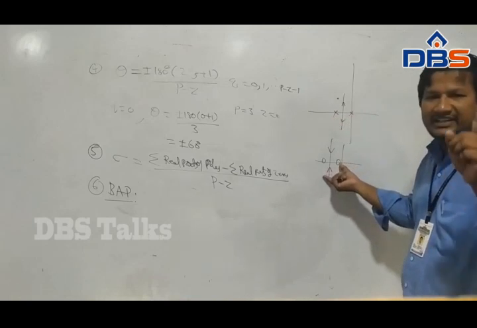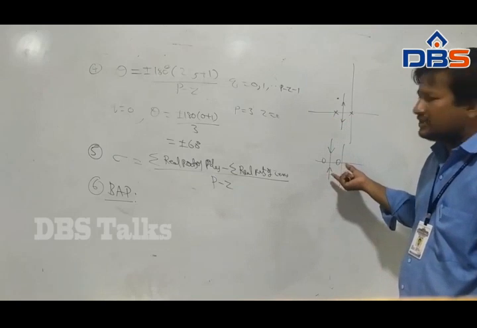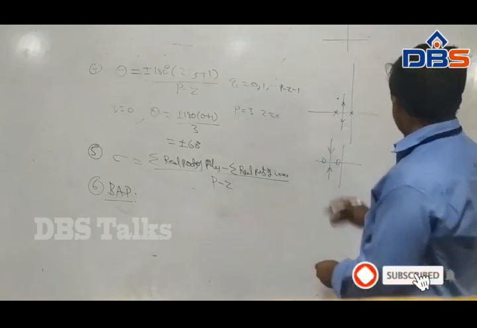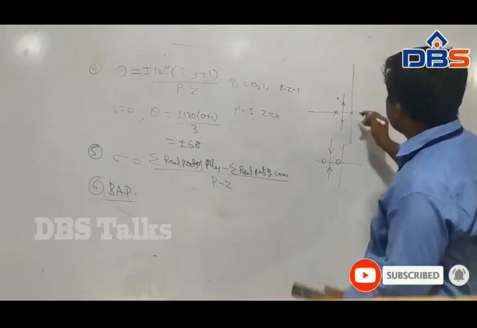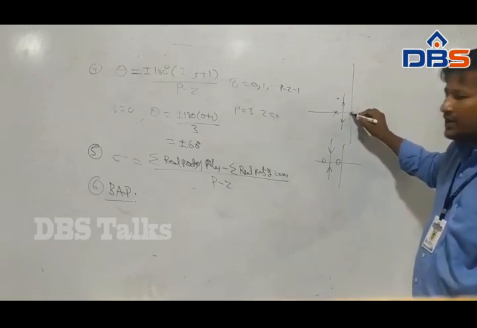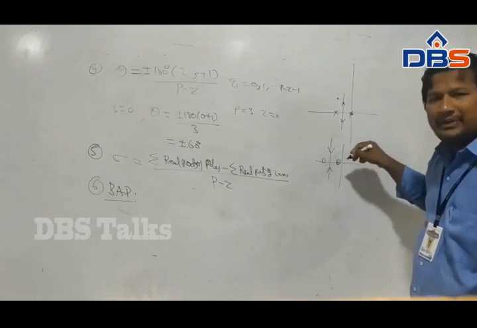In between any two zeros, one breaking point will exist. Suppose multiple poles exist, then only one breakaway point exists. Suppose multiple zeros exist, only one breaking point will exist.